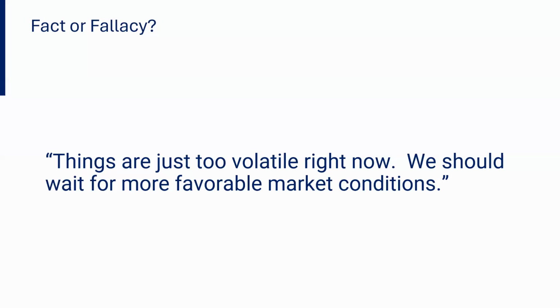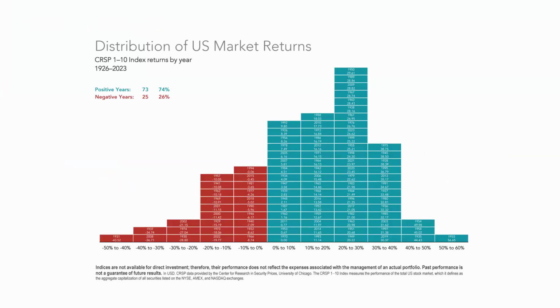So this next chart is kind of a walk through history. This is the CRSP 1 through 10. So this is every single investable stock in the U.S. market, and these are the annual returns from 1926 to 2023. There's a couple of things that are really interesting about this chart. One is, again, like we talked about earlier, if I'm thinking about statistics and increasing my probability of success, then I probably want to look at things that are greater than 50%.